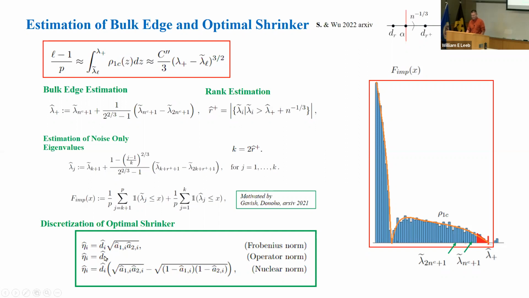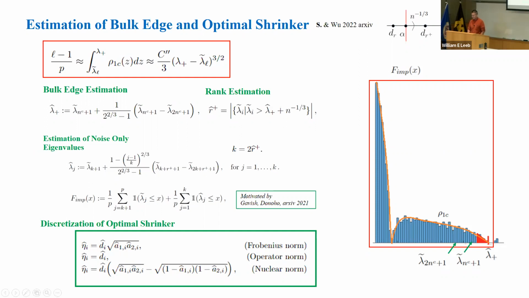It should be d_i times the square root of a1 times a1 wedge a2 divided by a1 v a2. Yes, the minimum over the max. So here it's different. But the idea is that we have the discretization of the optimal shrinker using this corrected imputation method of the distributions.